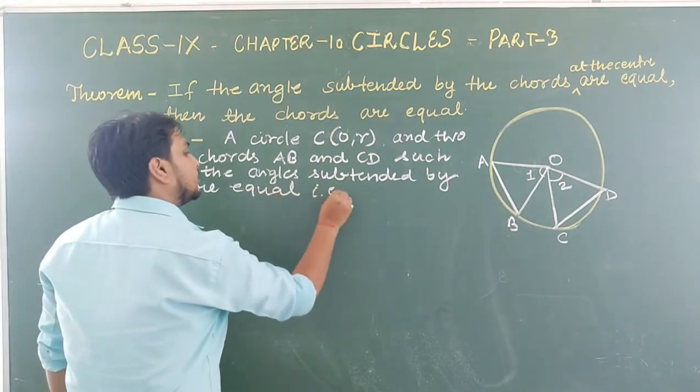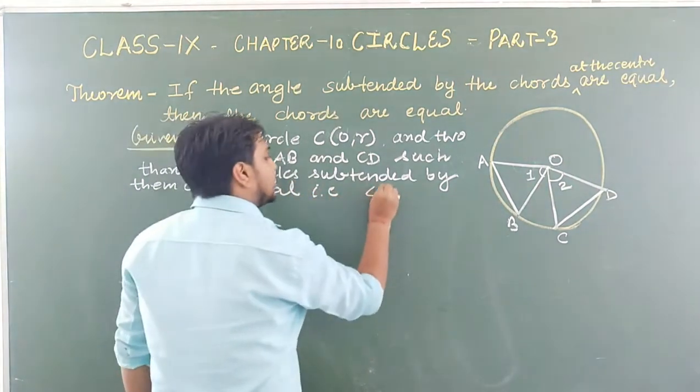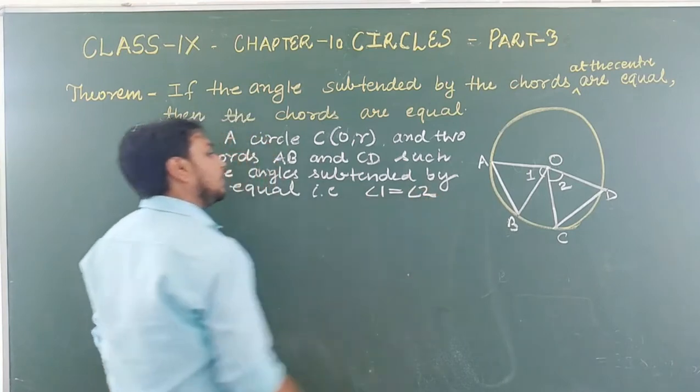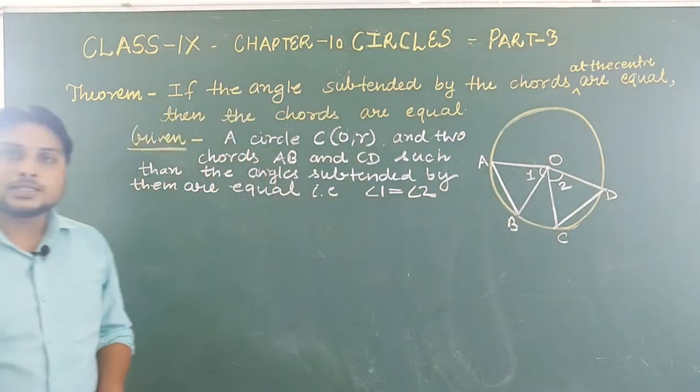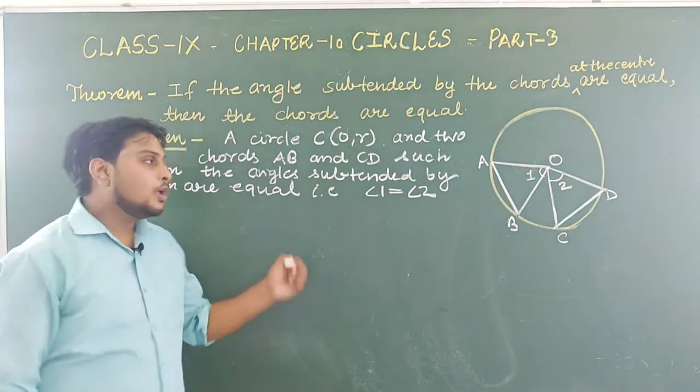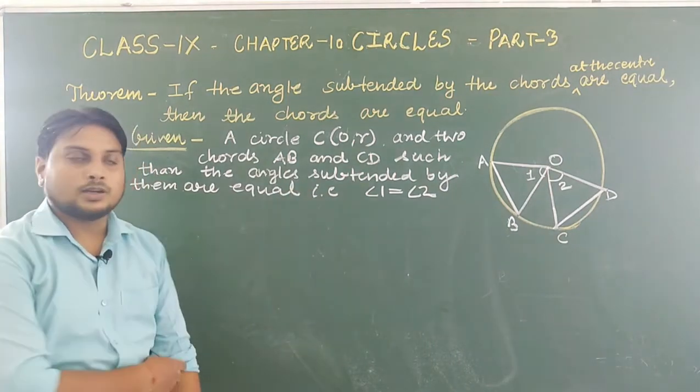Okay, that is, angle 1 is equal to angle 2. Means this time it is given that angle 1 is equal to angle 2, and in the last time we have proved that angle 1 is equal to angle 2.